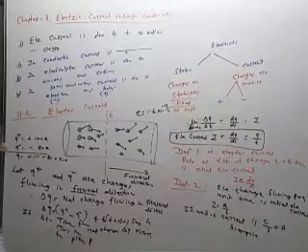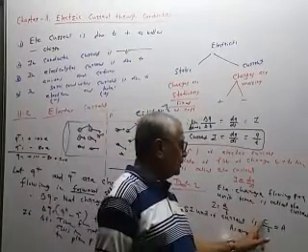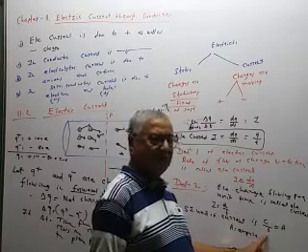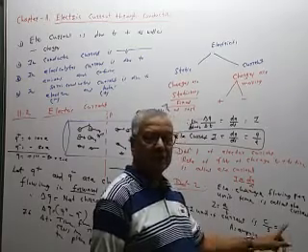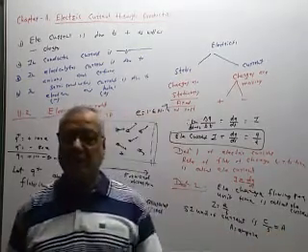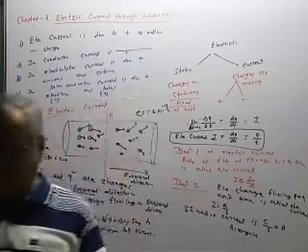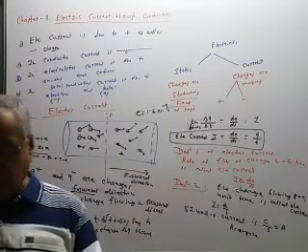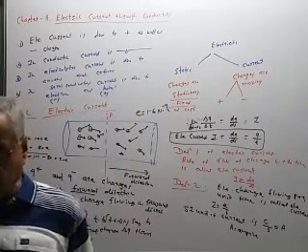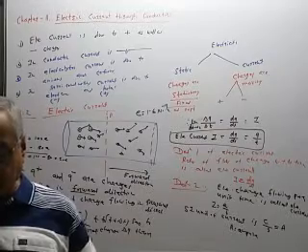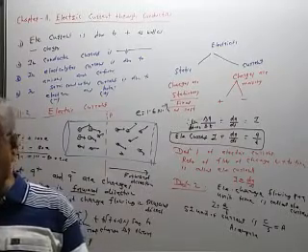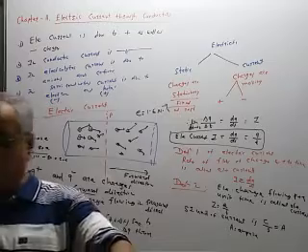So when a charge of 1 coulomb is flowing through a conductor in 1 second, then the current flowing through the conductor is said to be 1 ampere. This is the simple definition of the 1 ampere current. When 1 coulomb charge flows through a conductor in time 1 second, the current is said to be 1 ampere, like this.